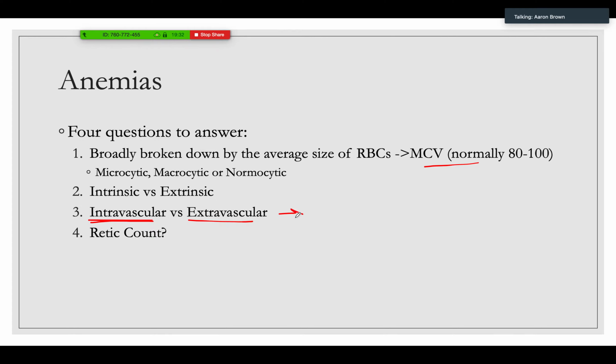Meaning, is the breakdown happening in the spleen and liver? So whenever you see extravascular hemolysis, this is another term that they never take the time to explain. Extravascular hemolysis means the breakdown of the red blood cells is happening in the spleen or in the liver.